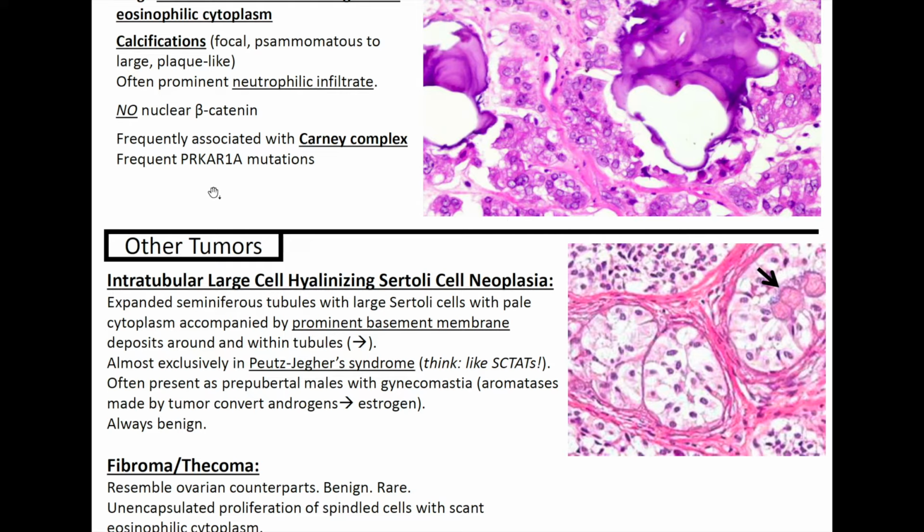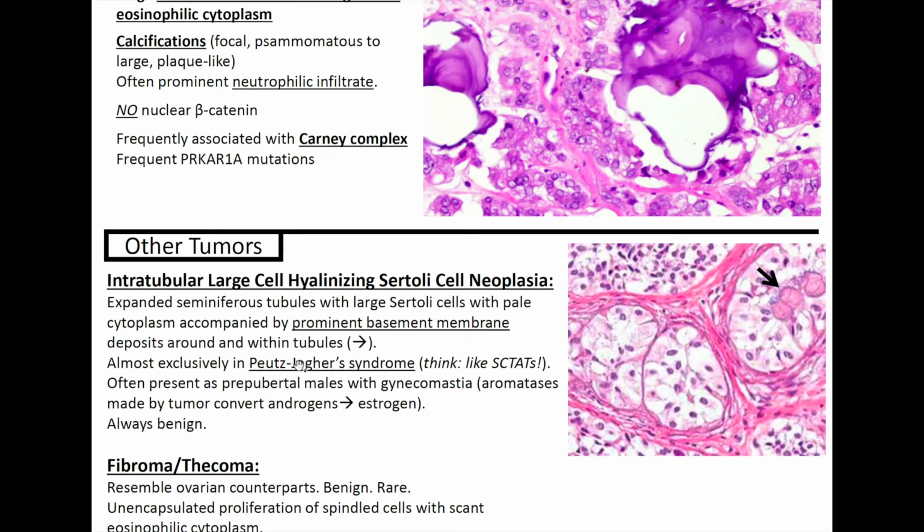These occur almost exclusively in Peutz-Jeghers syndrome. Think like SCTATs, but with a more complicated name. They often present as prepubertal males with gynecomastia, as aromatase made by the tumor converts androgens to estrogen. And these are always benign.